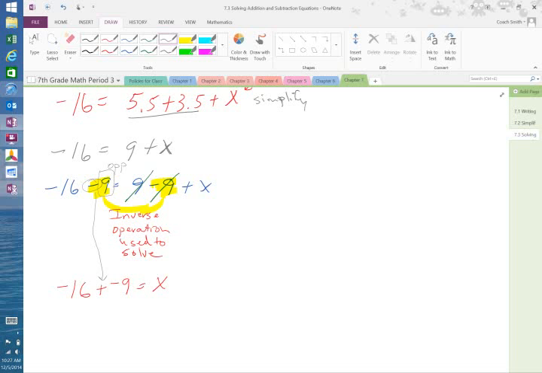And what is negative 16 plus negative 9? Negative 25. Okay, because this, negative 16 plus negative 9 would be the negative 25.